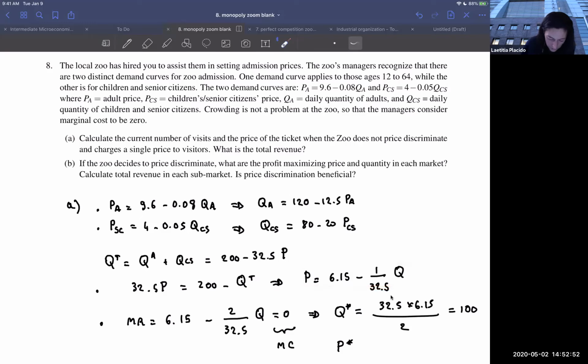So the price is going to be 6.15 minus 100 over 32.5. So it's 6.15 minus 3, which is 3.15.